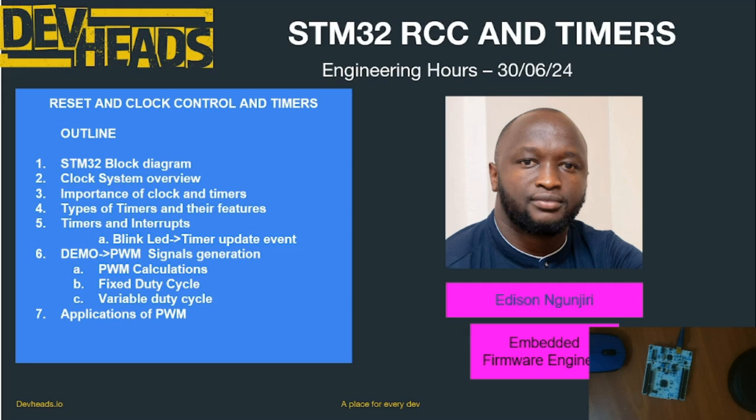We should discuss how you can do your calculation to achieve your desired duty cycle, how you can also achieve fixed and variable duty cycle, and finally we shall highlight a few things about the applications of the PWM signals.